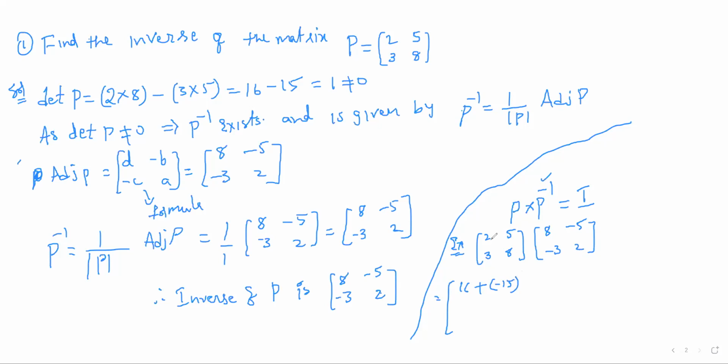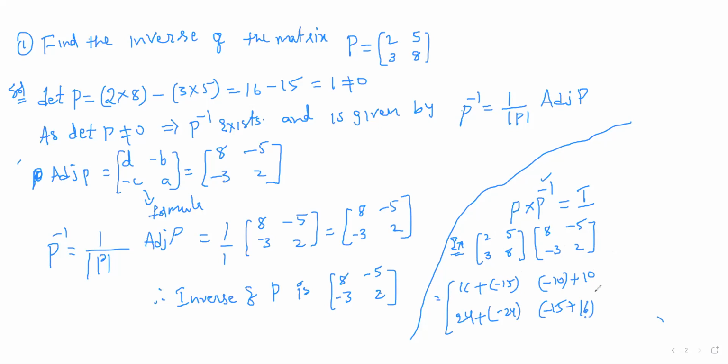Next one, 2 into minus 5, minus 10, plus 5 into 2, 10. Next, 3 into 8, 24, plus 8 into minus 3, minus 24. Next, 3 into minus 5, minus 15, plus 8 into 2, 16.